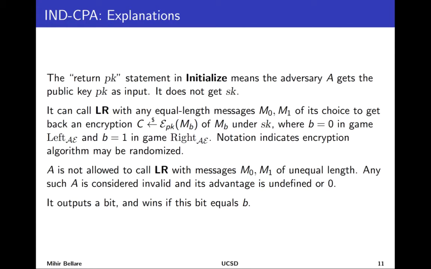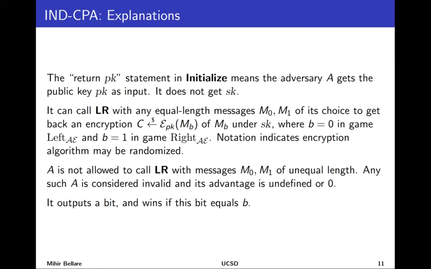This simply repeats stuff that I've already said, just so you can have it in writing, and also highlights some of the main differences and novelties compared to the symmetric setting. One of those is that the return PK statement in initialize means the adversary gets the public key as input. Of course, it doesn't get the secret key, otherwise it could just decrypt and there'd be nothing interesting to say here.